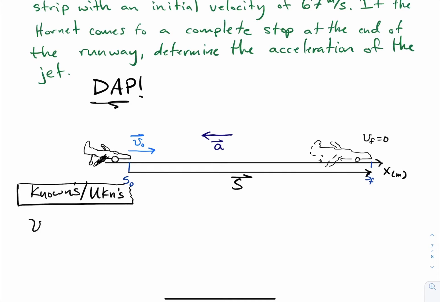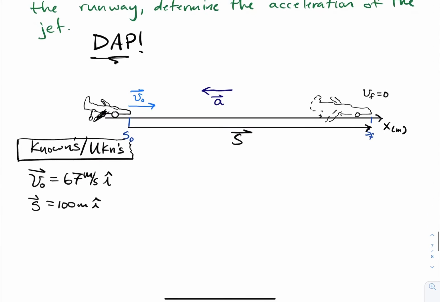We know that v sub o is 67 meters per second in the x direction. We know that the displacement is 100 meters in the x direction. I'm just writing these as vectors just to remind myself that they're vectors. Really maybe isn't necessary, but why not?